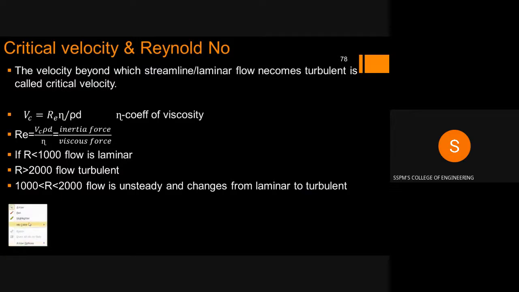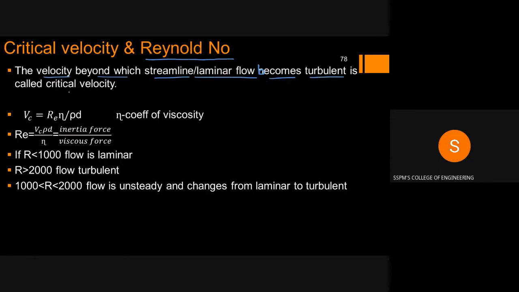Now, this laminar and turbulent flow, we can differentiate based on the Reynolds number. So we will see what is critical velocity and the Reynolds number. Critical velocity means the velocity beyond which streamline or laminar flow becomes turbulent.